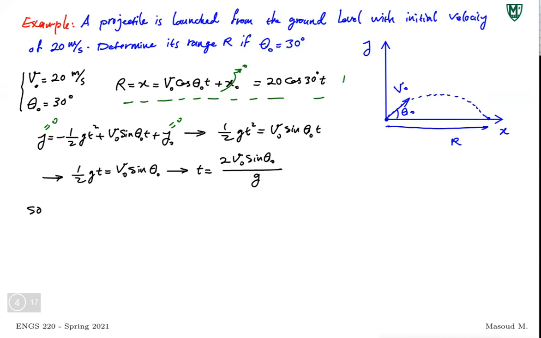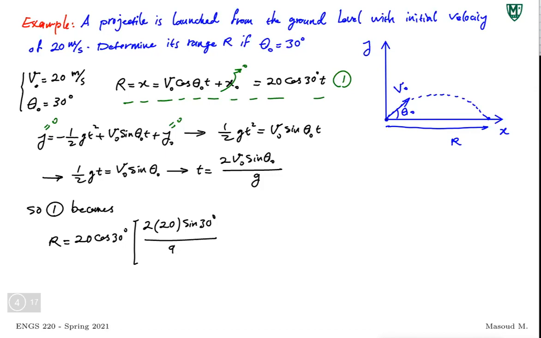Let's put it this way. x, or r, is equal to 20 cosine 30 degrees multiplied by that t, which is t times v naught, 20 meters per second, sine 30 degrees, divided by 9.81.